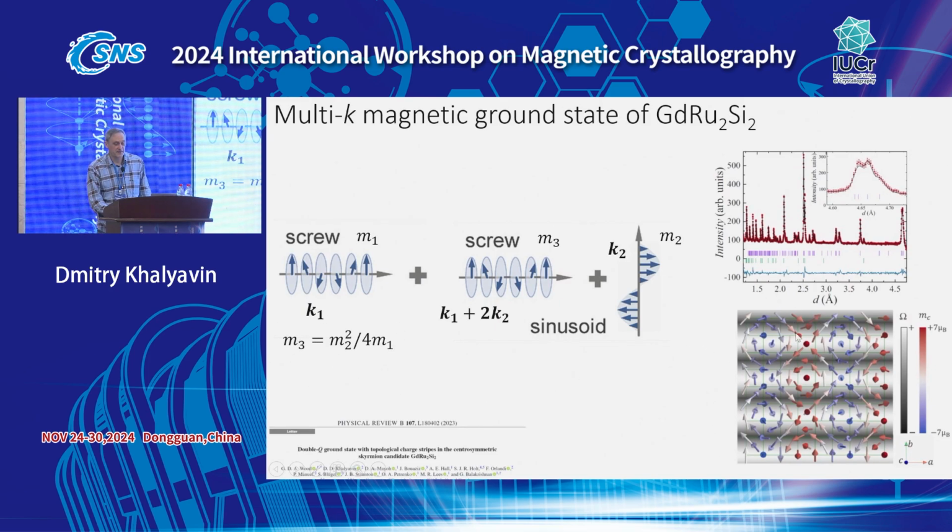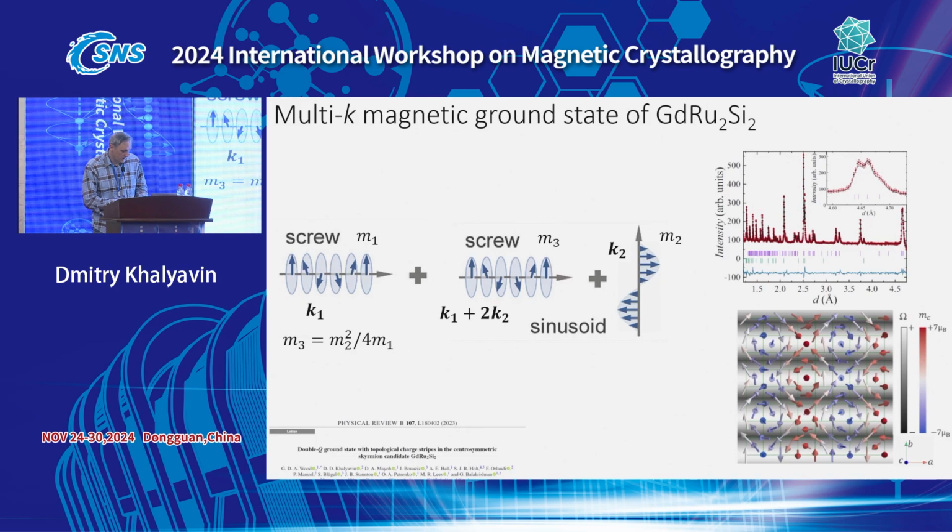And yes, it fits the data. So we fit the powder data as well using this model. It fits very well. And you see on the powder data with very good resolution, you can see the splitting of the reflection. That is the splitting of our K1 and K2. Okay, that's how it works.